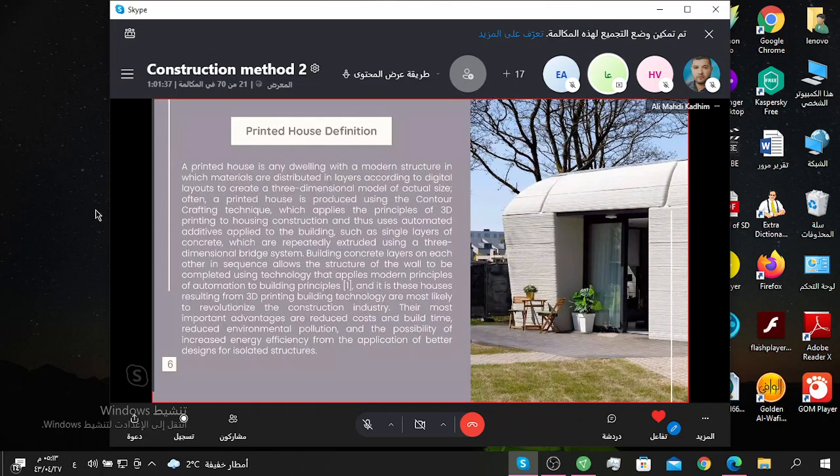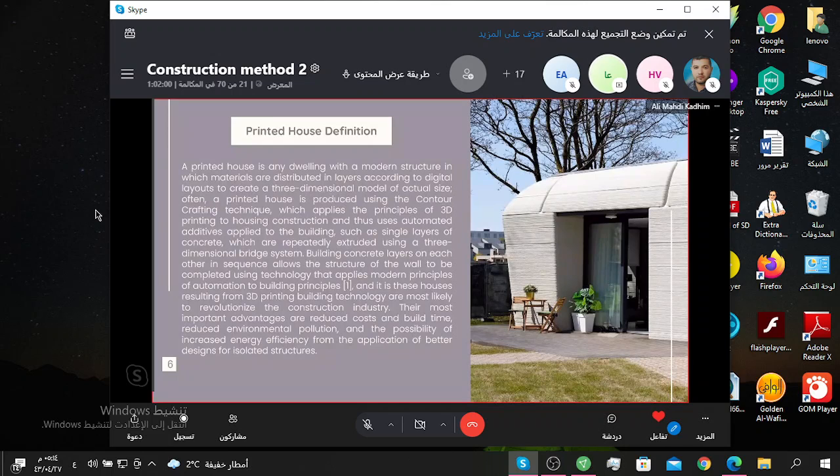Such single layers of concrete, which are repeatedly extruded using a three-dimensional bridge system, building concrete layers on each other in sequence, allow the structure to be completed using technology that applies modern principles of automation to building.